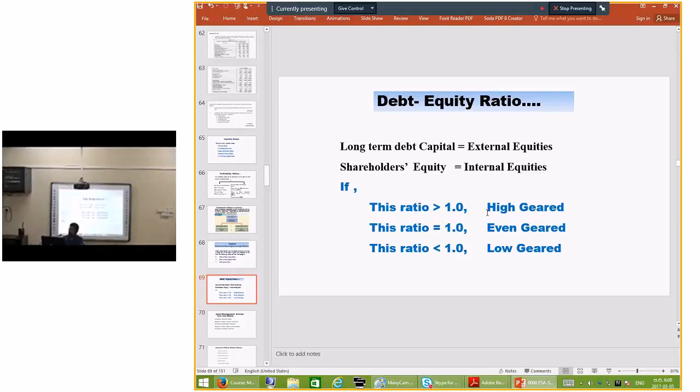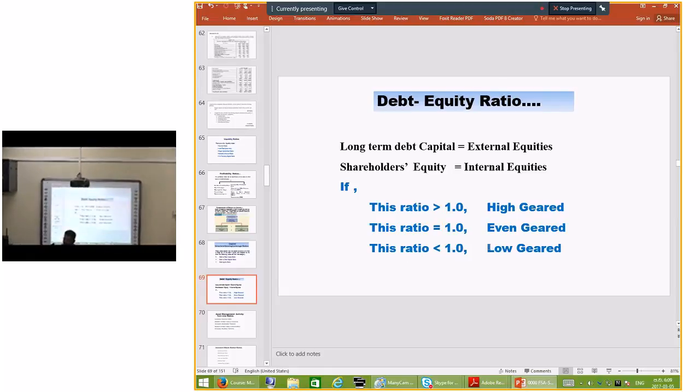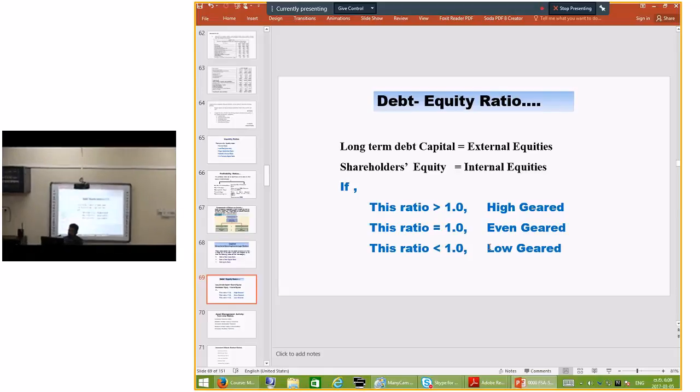If it is 1, even geared, that means equal value for equity and debt. Then low geared means higher value for equity and lower value for debt.